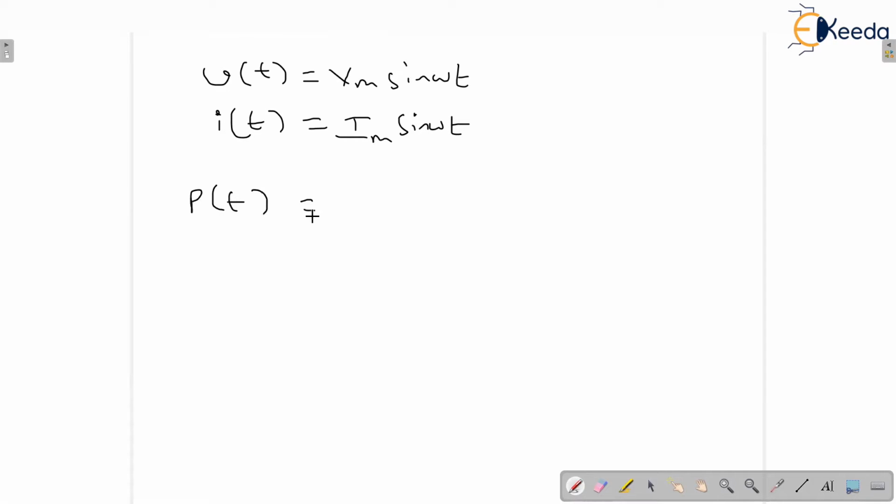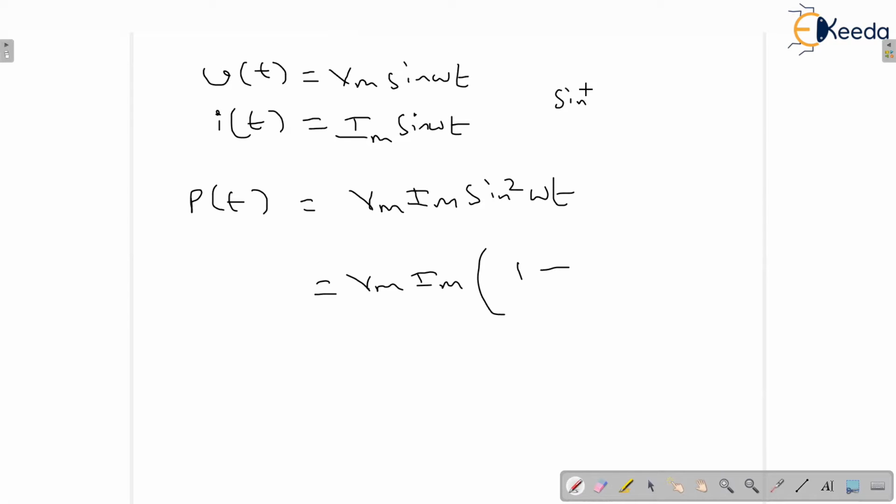P of t is equal to Vm Im sin square omega t. What is sin square theta? It is 1 minus cos 2 theta by 2, a known formula.